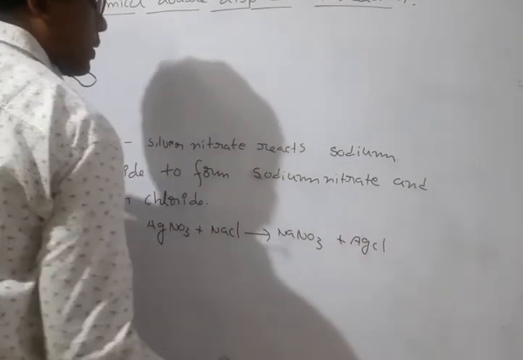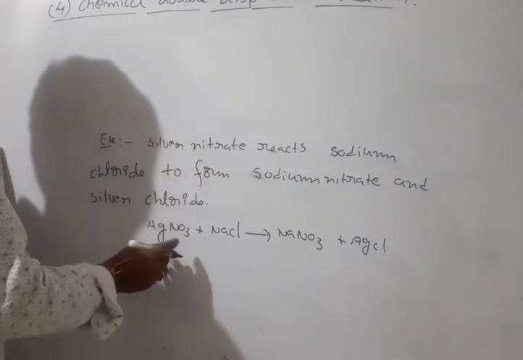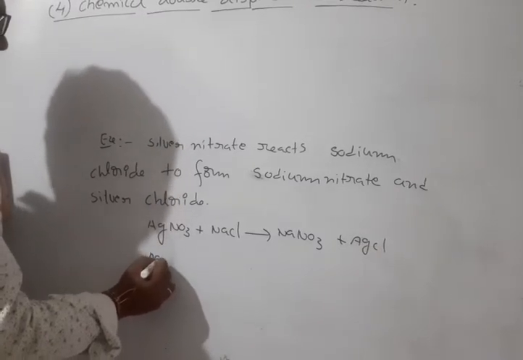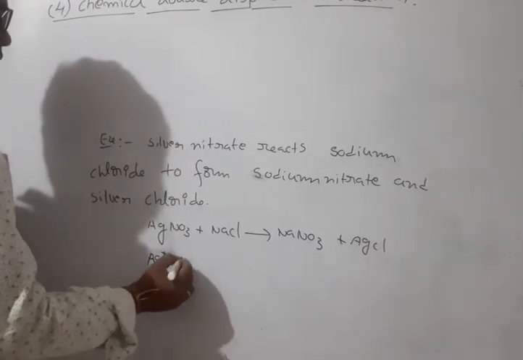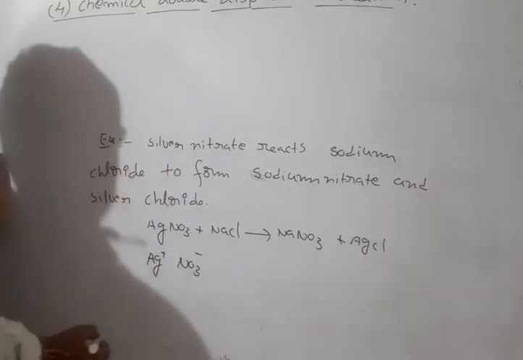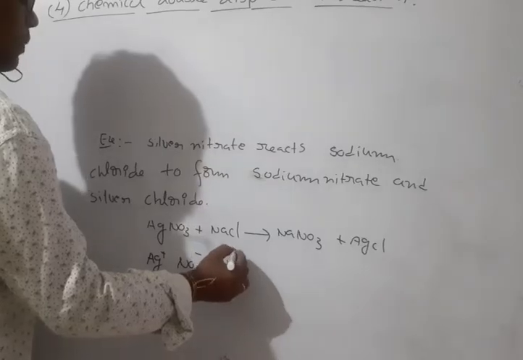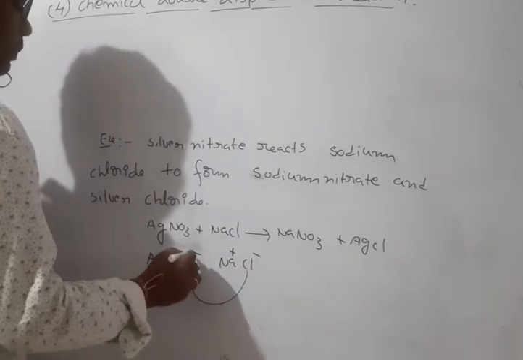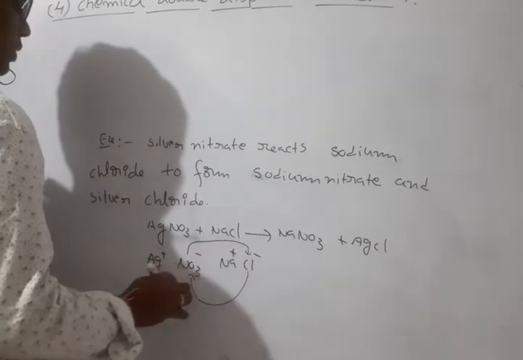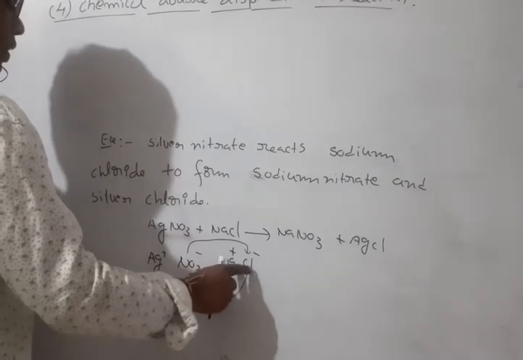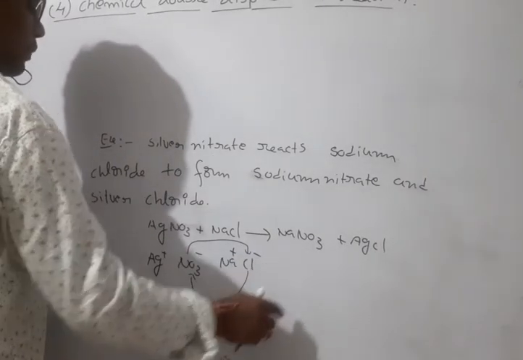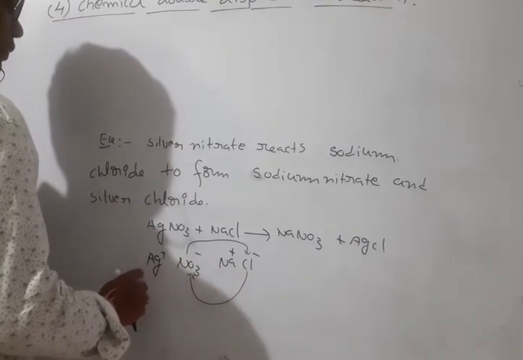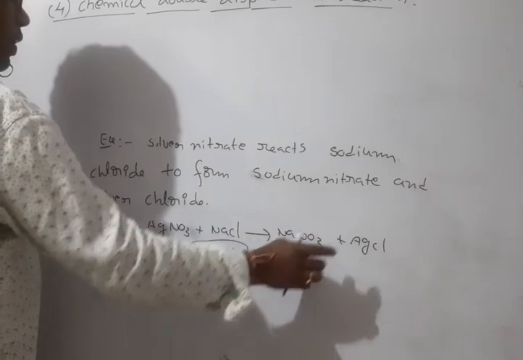So look at this, what happens in this reaction. For better understanding, I split the radicals in each reactant. Silver nitrate has silver cation and nitrate anion, and sodium chloride has sodium cation and chloride anion. So here mutual exchange of these anions takes place during the chemical reaction. In place of nitrate ion, chloride is there, so silver chloride is formed.